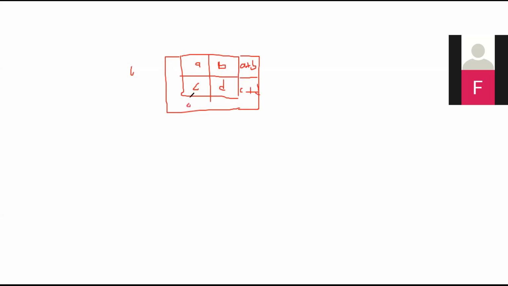This one is A plus C. This is B plus D. This one is, let's just say N, because that's the total A plus B plus C plus D. N is the sample.